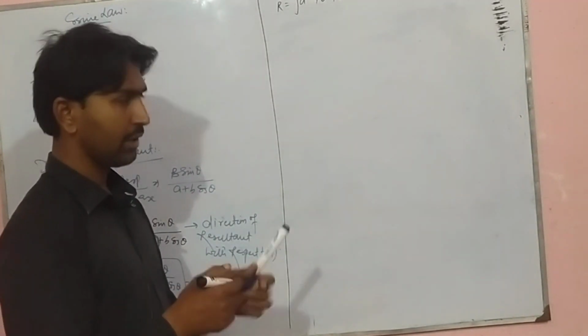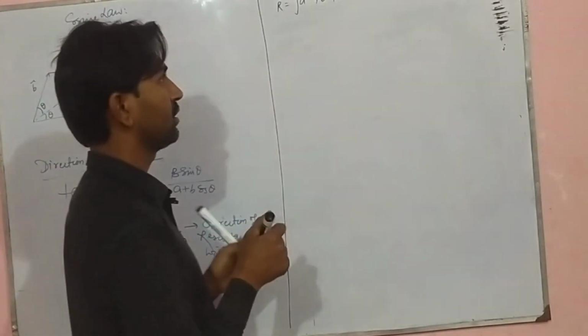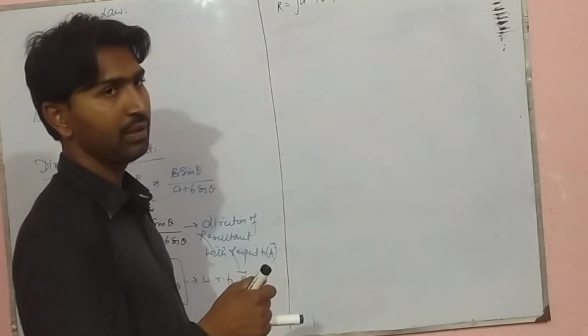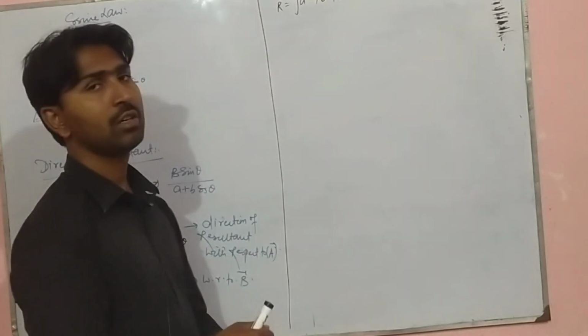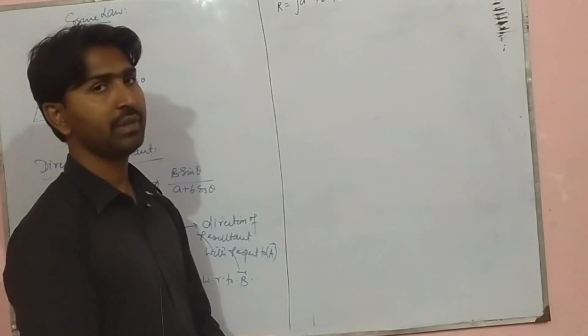If we take two vectors a and b that are parallel to one another, what will be their resultant?